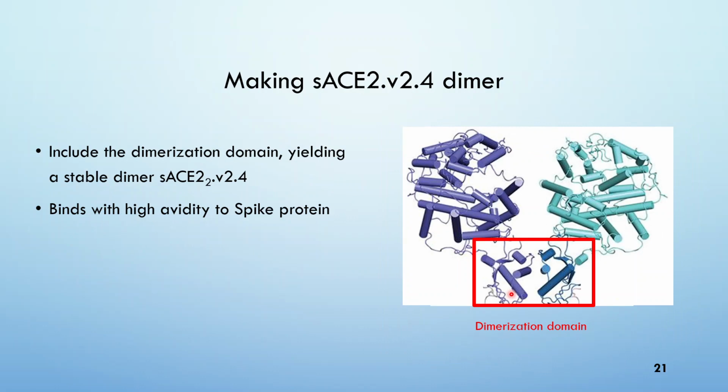So to make use of avidity, they made a dimer of the engineered ACE2. Normally, ACE2 exists on the cell surface as a dimer, so they just needed to include this dimerization domain into the protein. Previously, in the experiments, they were only using this top bit of the receptor.